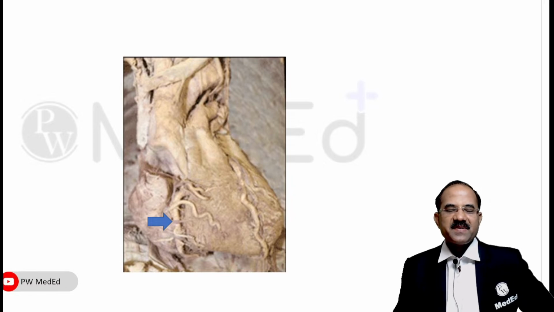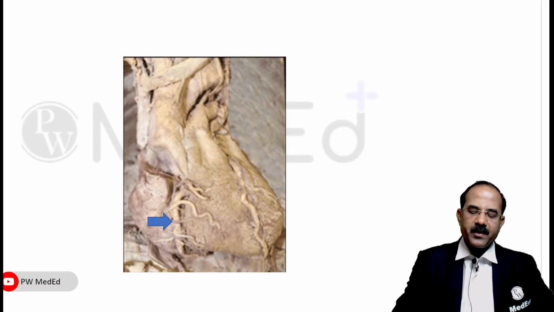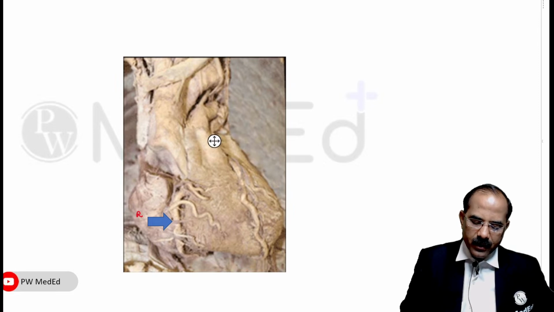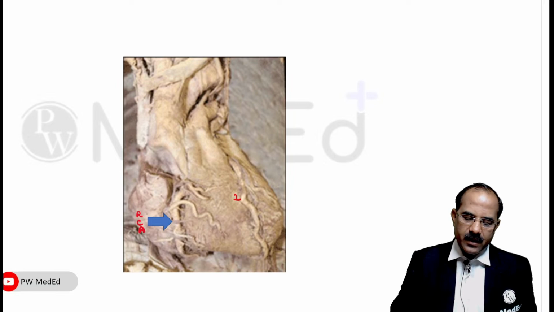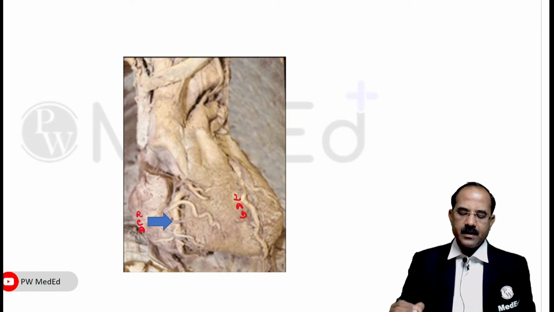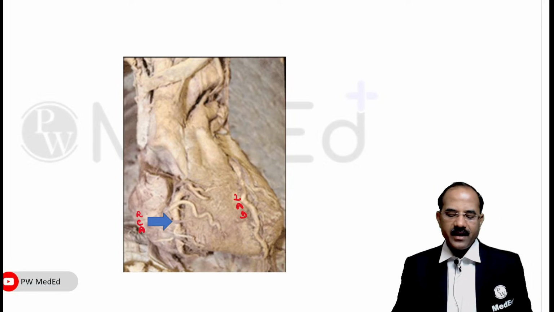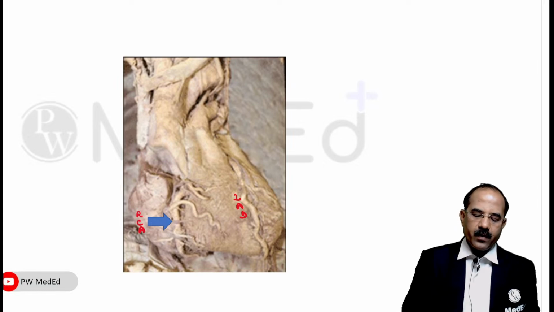Any guesses? This pointed structure is the right coronary artery. What is this artery? That's the left anterior descending. What is this? This is the.